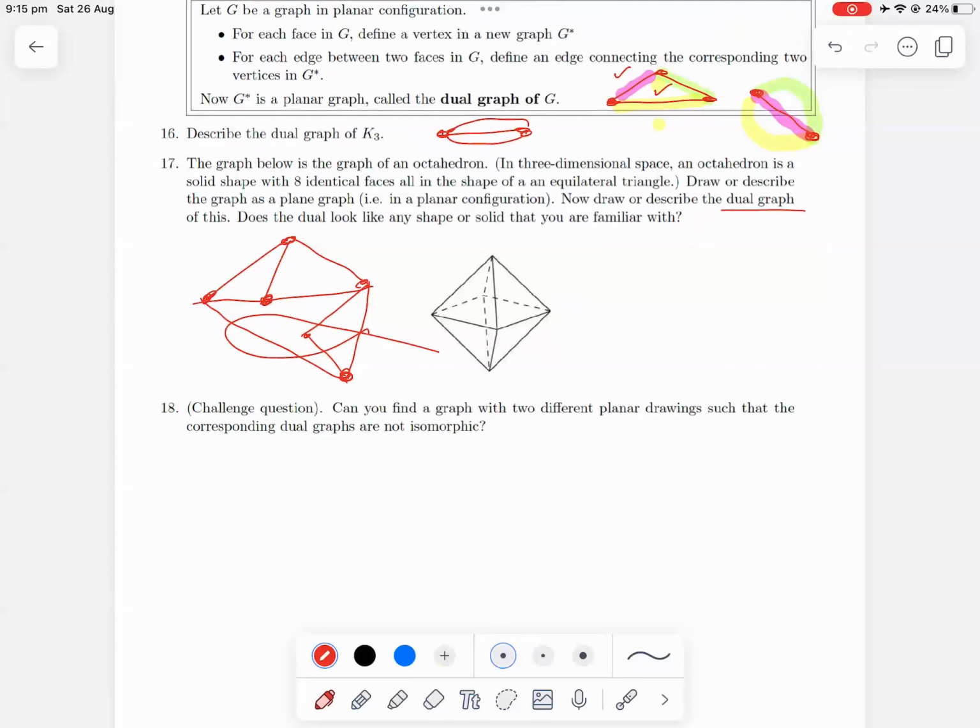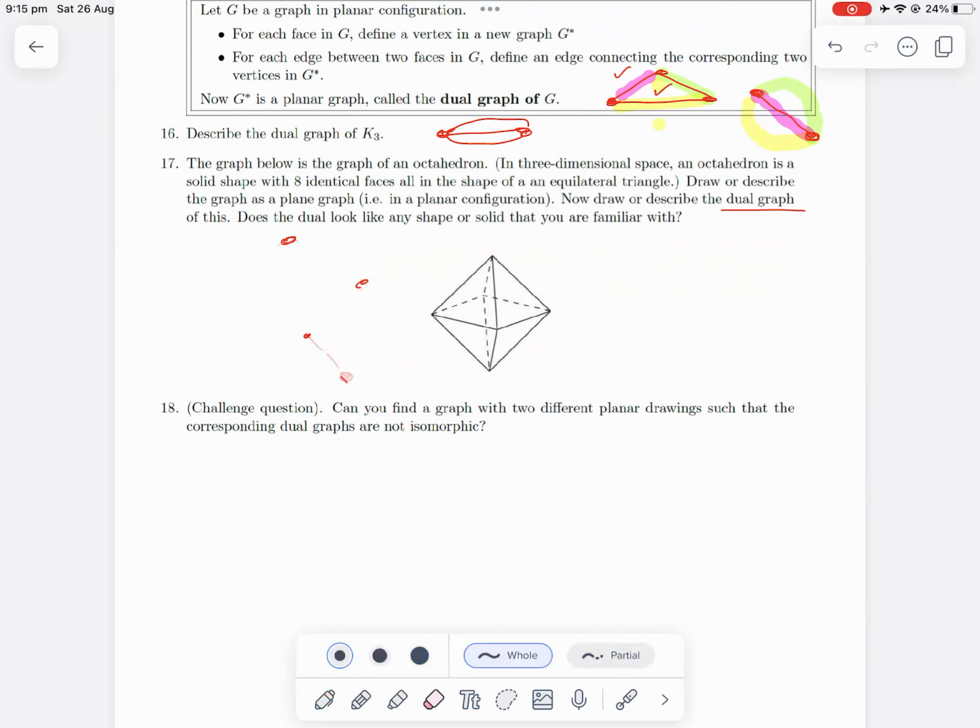So this will be like this one, if I don't make a mistake. This one comes here. Six.